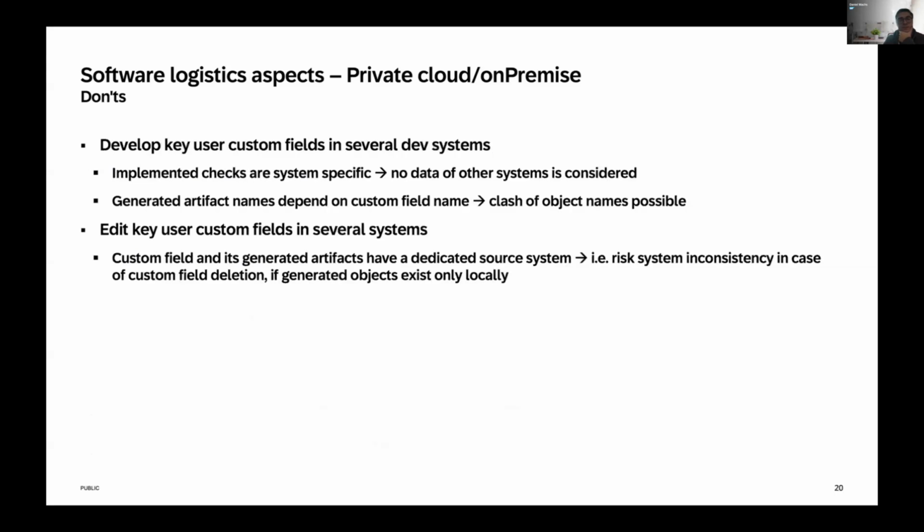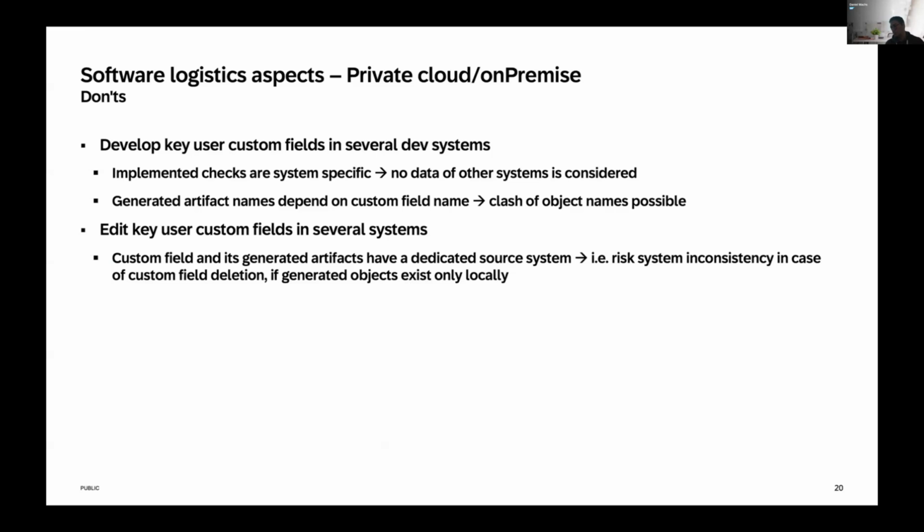Okay, now coming to the don'ts. Key user tools are built for simplicity. That's the main reason behind it. We only built this having in mind that you have a simple, more or less, one development system landscape.